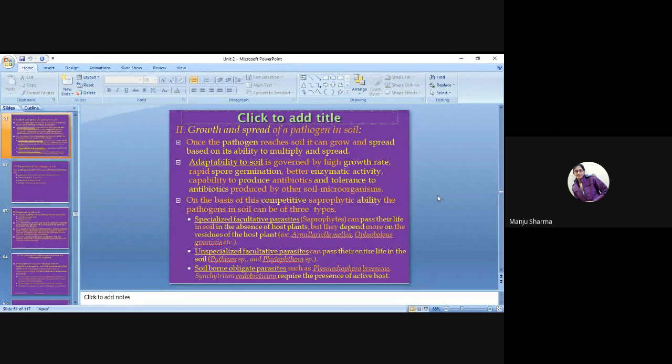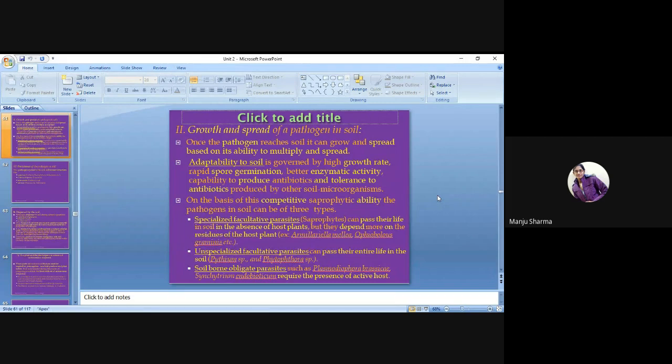Second type is unspecialized facultative parasite, which can pass their entire life in the soil, that is Pythium species and Phytophthora species. And the third type is soil-borne obligate parasite.